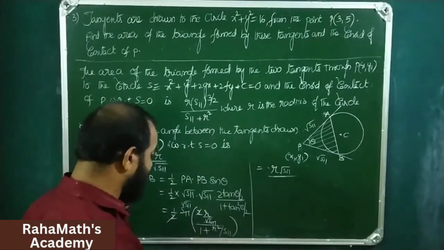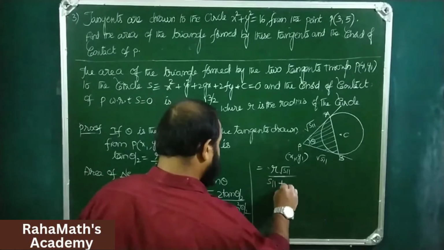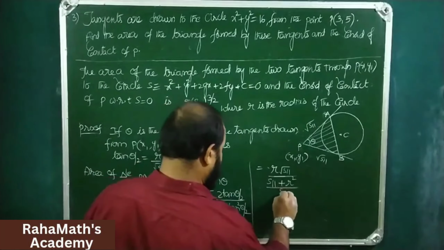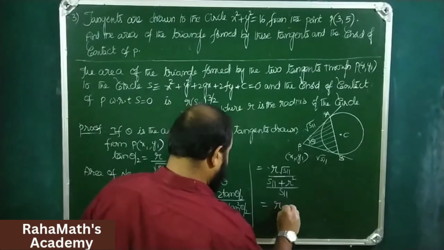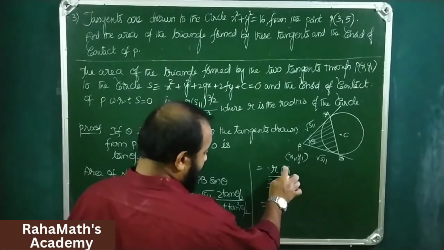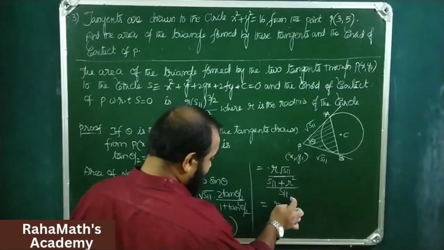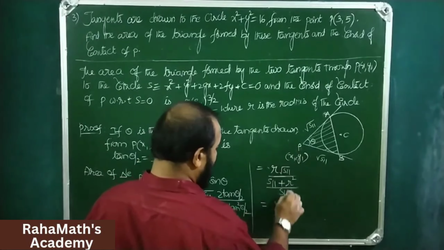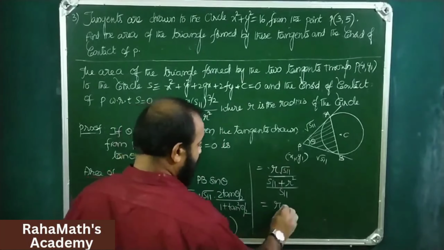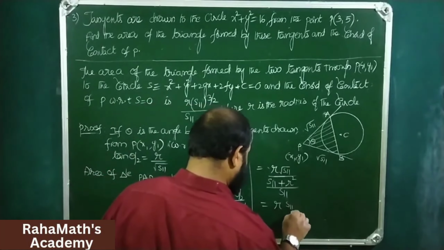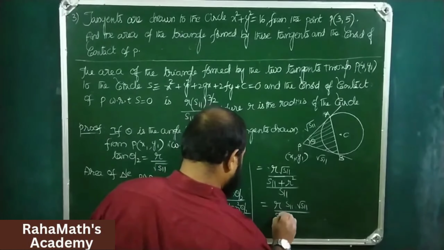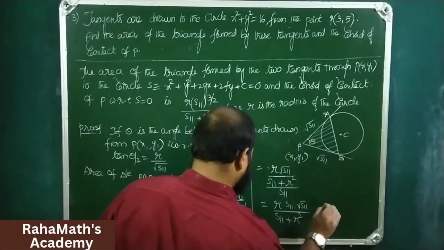If you find the LCM, it is S11 plus R square by S11. So R into root S11, and this S11 goes to the numerator: R into S11 into root S11 by S11 plus R square.